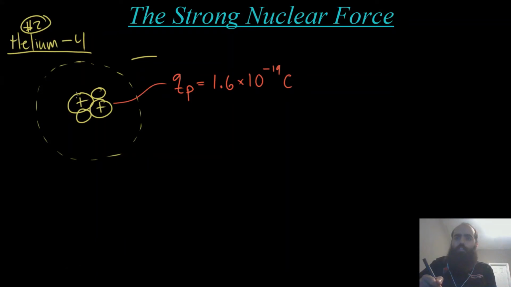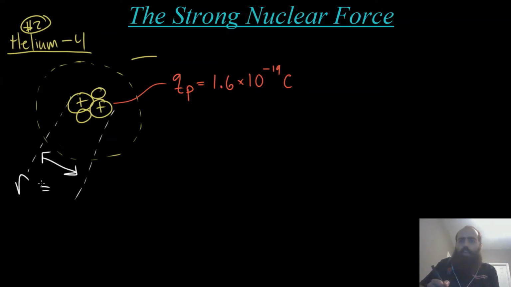So both of these protons are charged, and they're inside the nucleus, which means they're very close to each other. The distance between two charges is an important parameter when you're calculating the electric force between them.